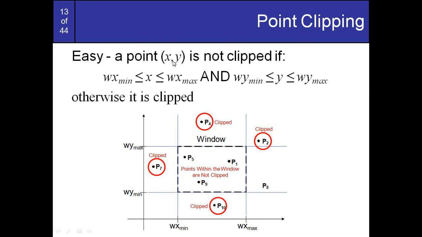For example, a point has coordinates x and y, and the point is not clipped if x is greater than or equal to wx min and less than or equal to wx max, and similarly it is greater than or equal to wy min and less than or equal to wy max.